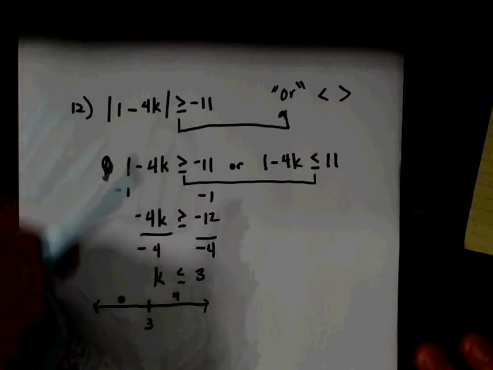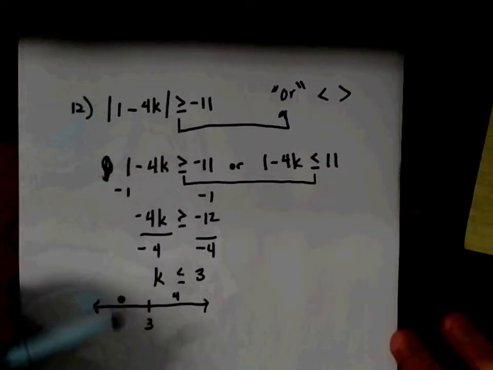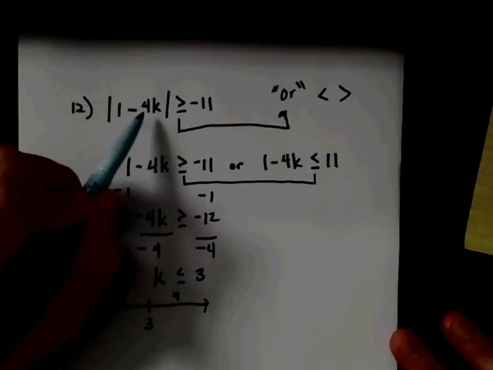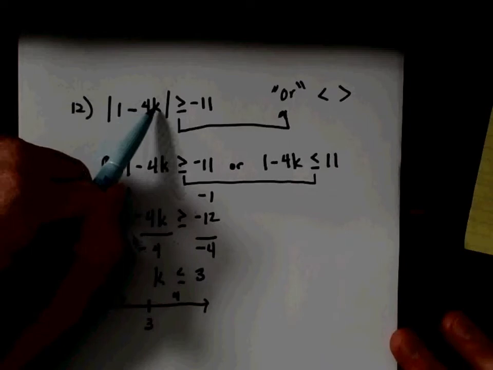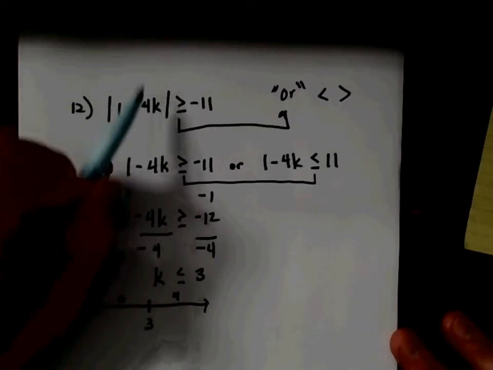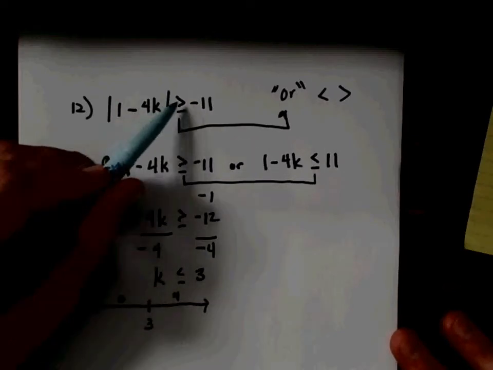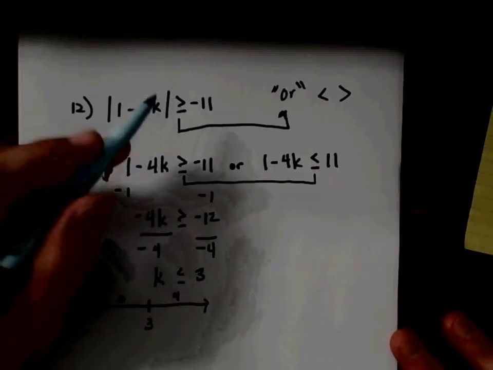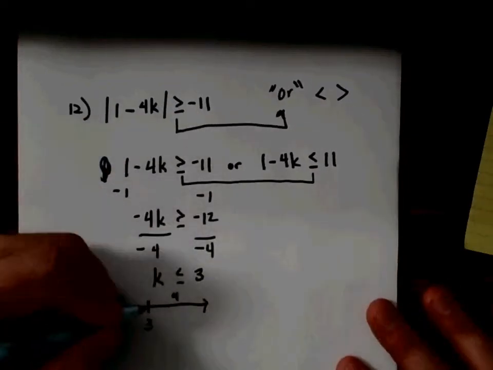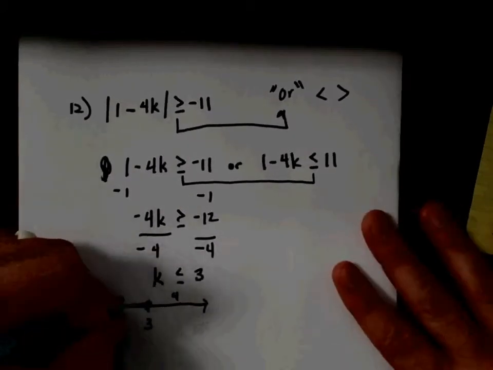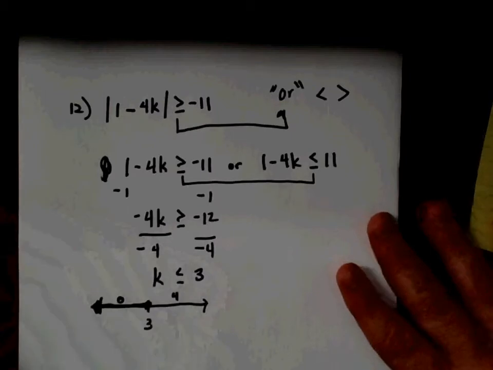Oh, we did 3. Got to plug in 0. Sorry, plug in 0 because that's going to give me my 11. I got 1 minus 4 times 0, which is going to be 1. The absolute value of 1 is 1, and that's going to say 1 is greater than or equal to negative 11. Is that true? Yeah, and so therefore it's going to be a closed circle shaded this way. And that's the way that one will look.